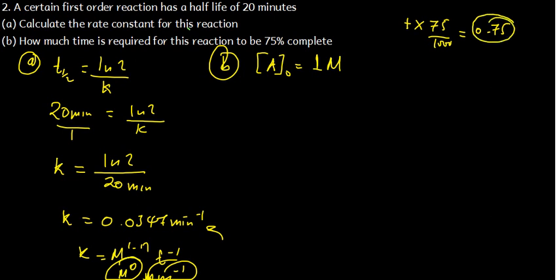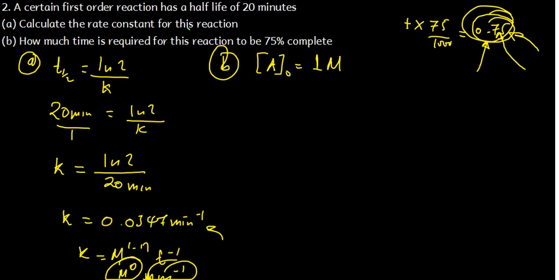So how much time is required for the reaction to be 75% complete? This 75 we can see here is what is going to be used up. Now we want it to be 75% complete, so what will be left if this is how much is used up? Because if this is the initial, 75% of this tells us how much has been used up, and that is 0.75 molar.